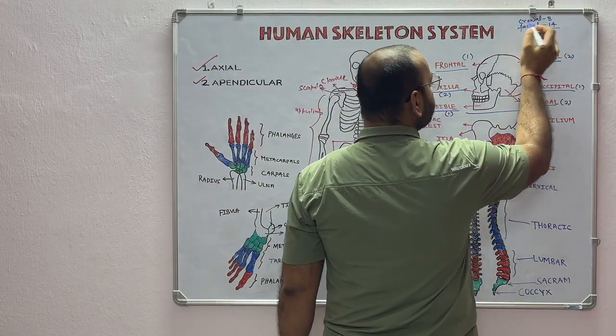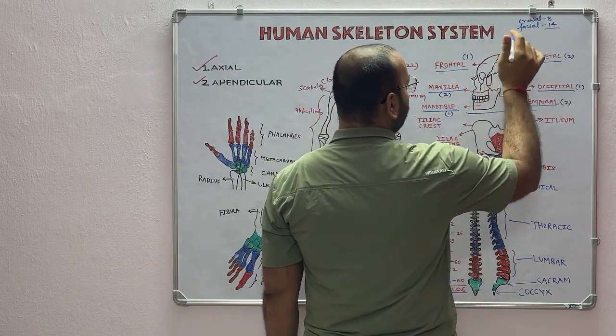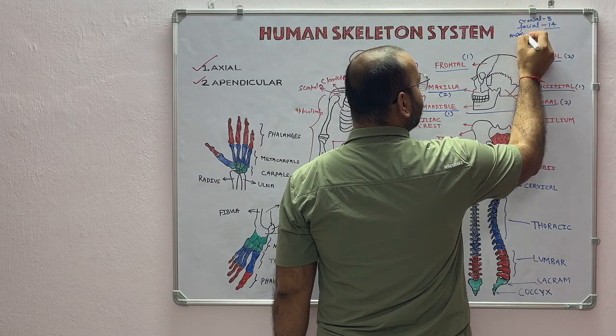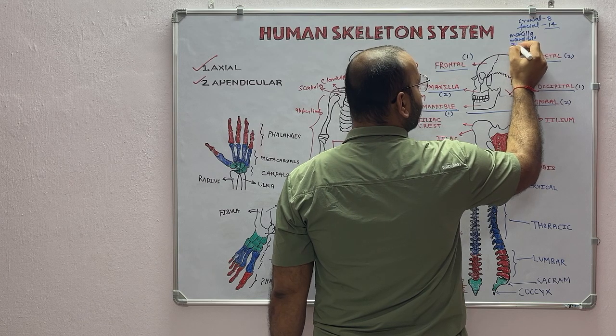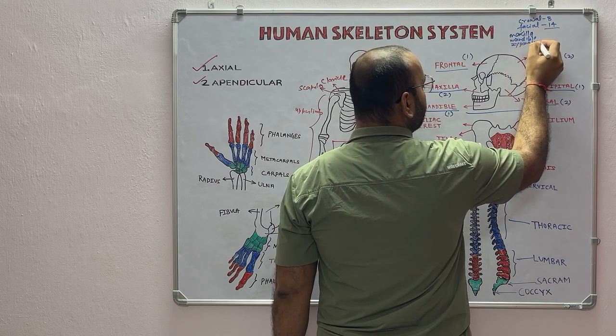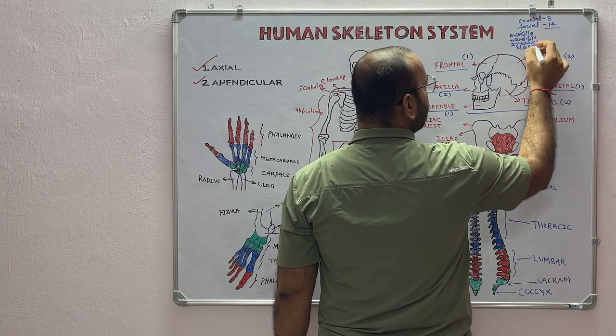So what are these bones? Let us write these bones here. You have the maxilla, the mandible, then the zygomatic bone, the nasal bone, right?